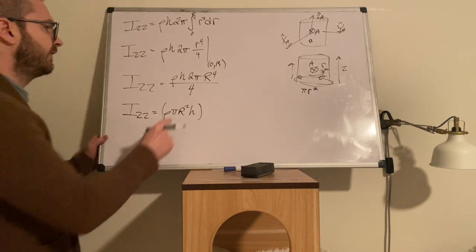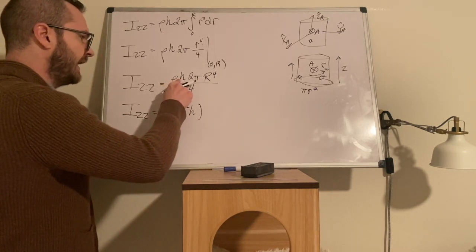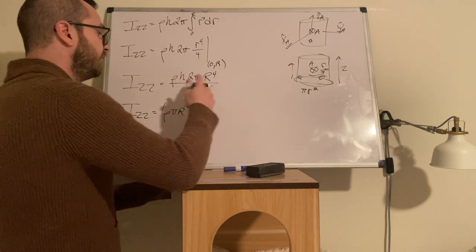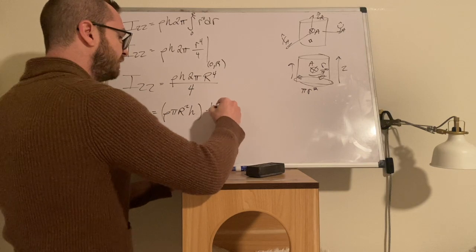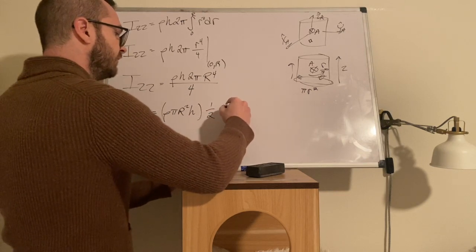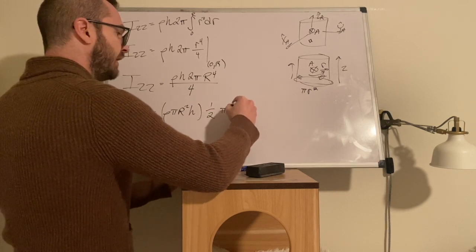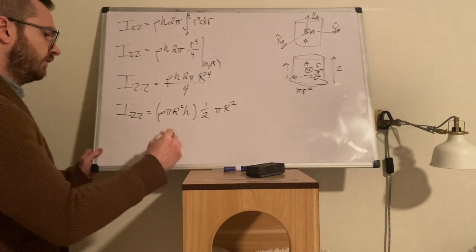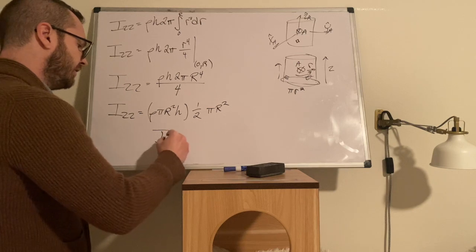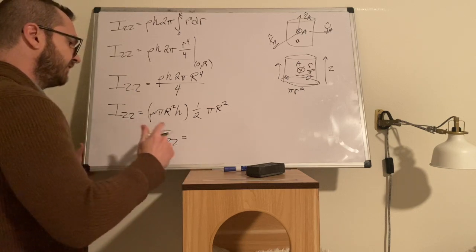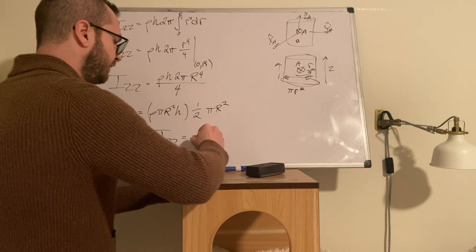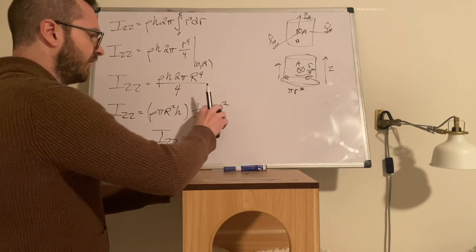And what's left? Well, we took out the rho, we took out the h, we took out the pi, and we took out 2 of the R's. 2 over 4 is going to leave a 1/2. And there is R squared. So IZZ for the cylinder, about that z-axis, this is the mass. So 1/2, oh gosh, I forgot, we took the pi out already.